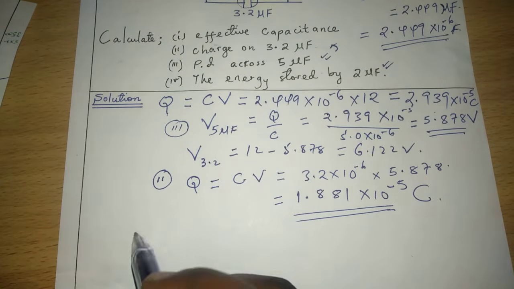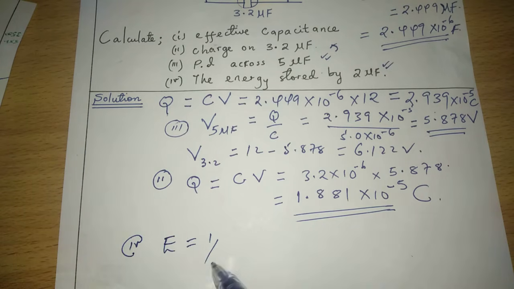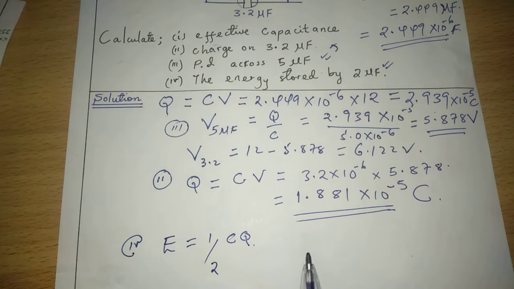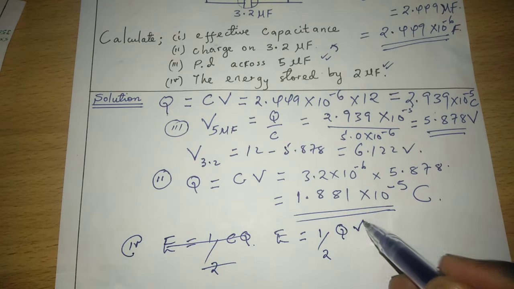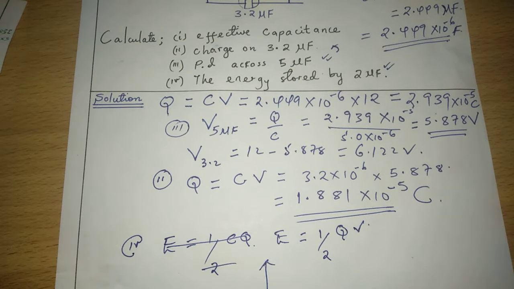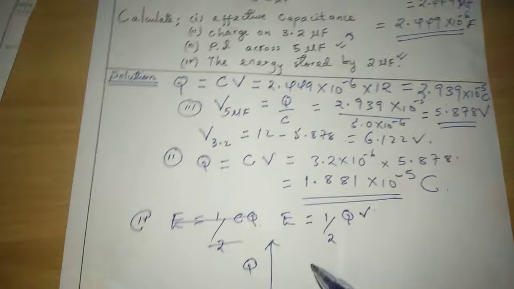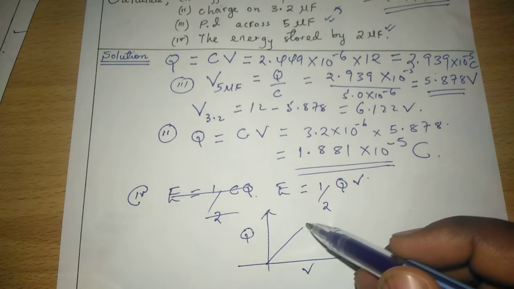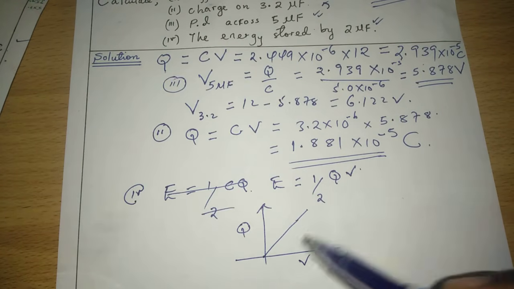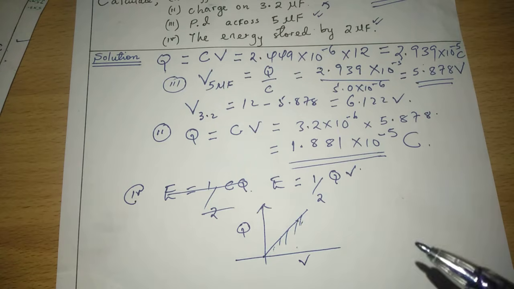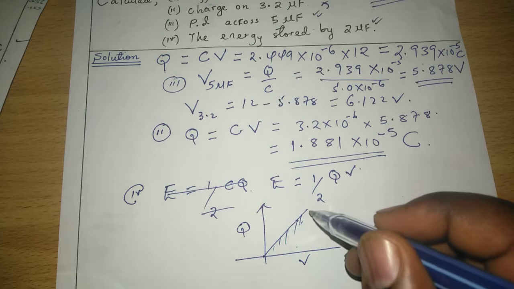For us to get energy stored, we should first of all know that the energy stored is given by half charge times voltage, because the graph of charge and voltage is a straight line through the origin, which means for us to get the energy stored, we need the area under the graph, and the area under the graph gives us the energy.